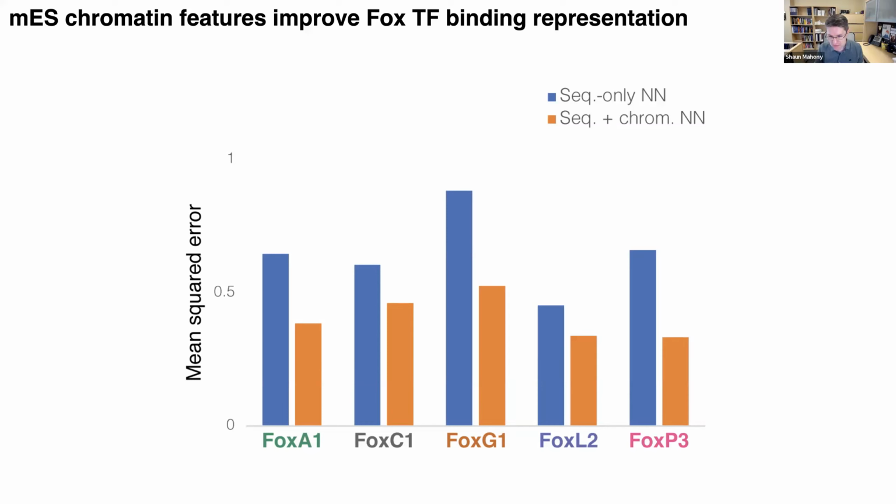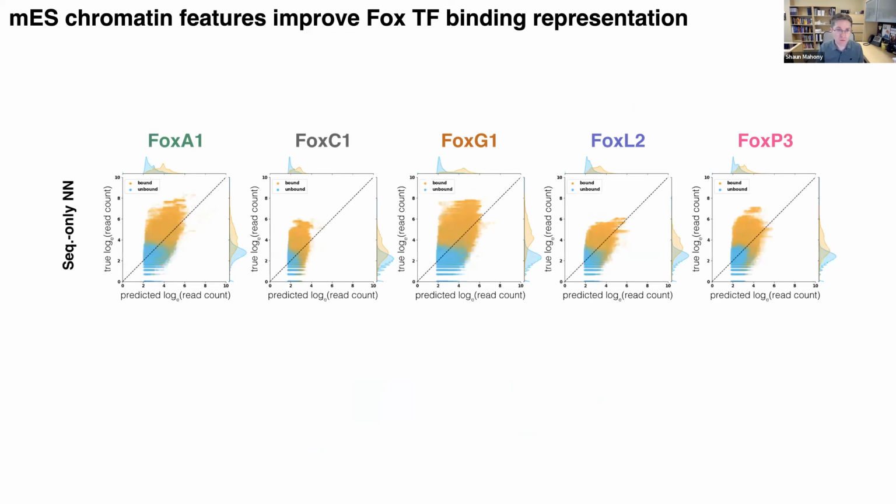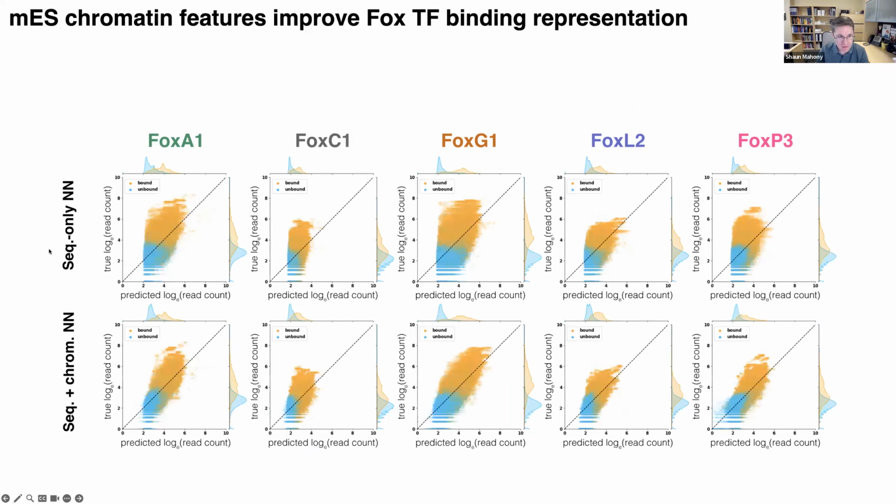We can look in a bit more detail by looking at individual test set sites and the performance of the networks when we train only with sequence or when we train with sequence plus chromatin. When we look at the networks trained with sequence plus chromatin information, we can see that they do a better job of matching the predicted read count to the true observed read count, especially for FOXG1 and FOXP3.